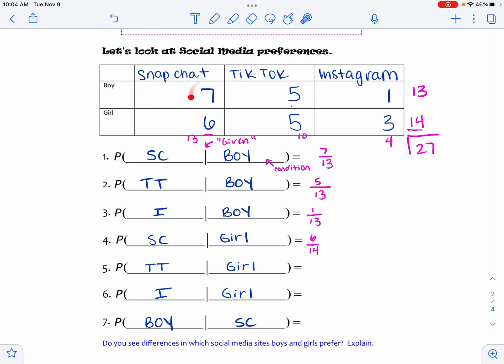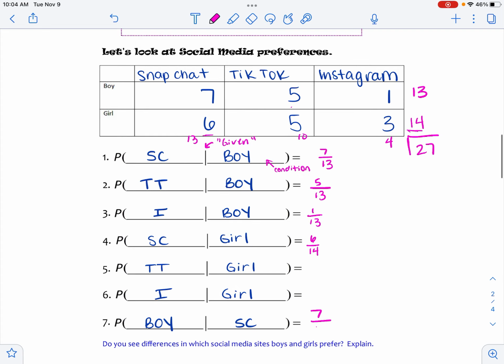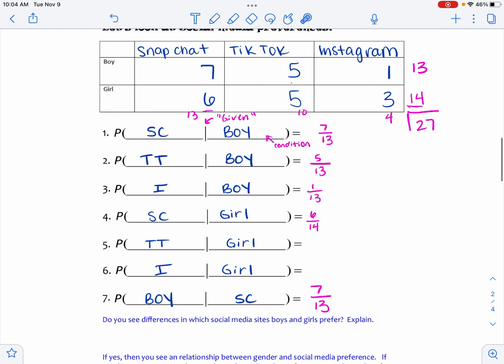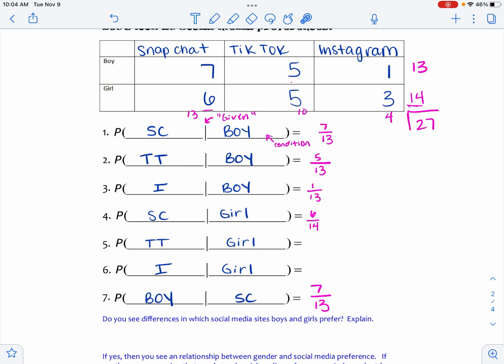So 7 people who like Snapchat are boys out of the total 13 people who prefer Snapchat. Do we see a difference in which social media sites boys and girls prefer? We don't really see a super heavy difference.